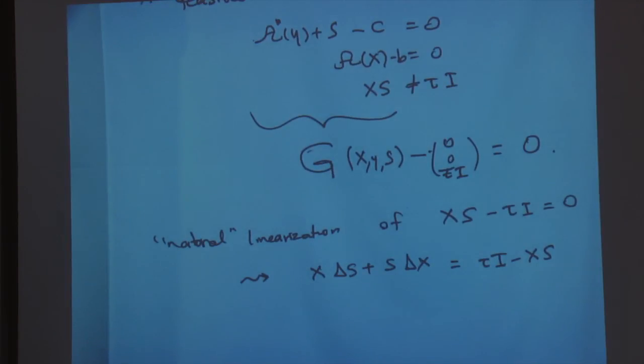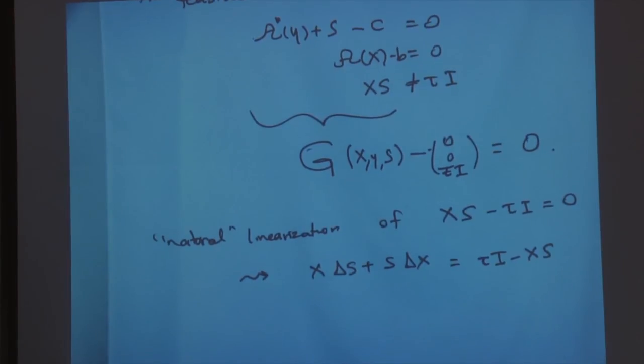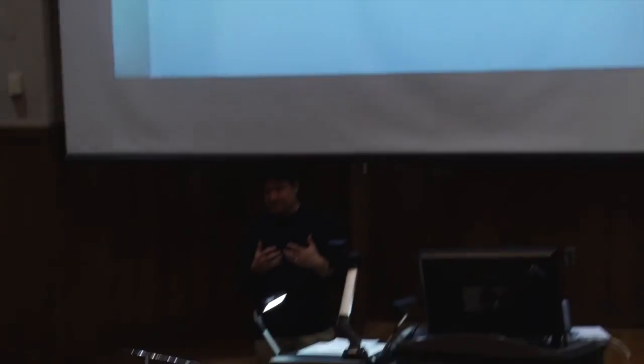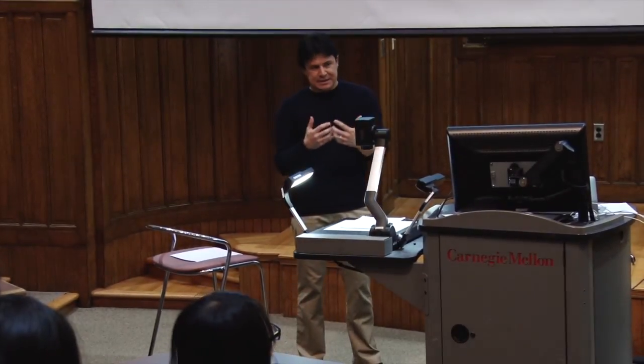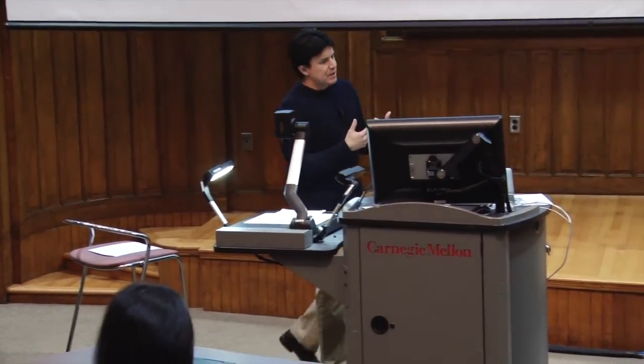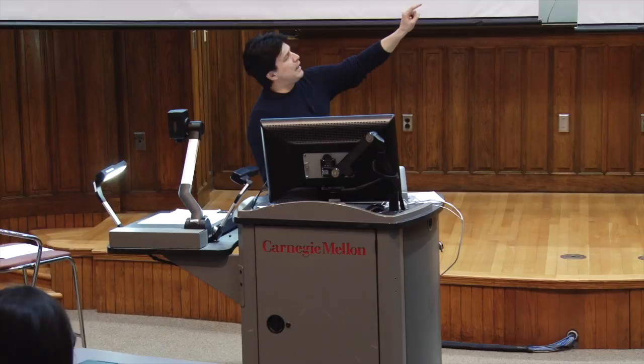But there is a subtle point that occurs here. We run into issues of symmetry, because this is one of the first things you learn in linear algebra: if you take two matrices that are symmetric and multiply them, the product is not necessarily symmetric. So even though x and s may be symmetric, xs may not be symmetric.